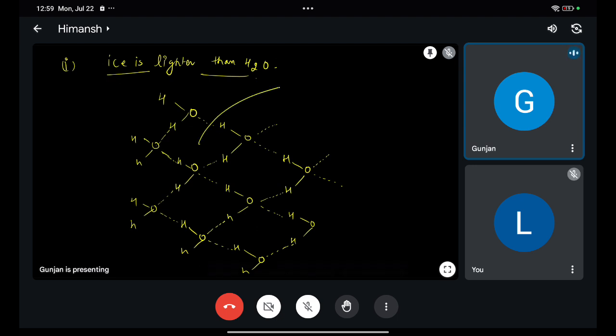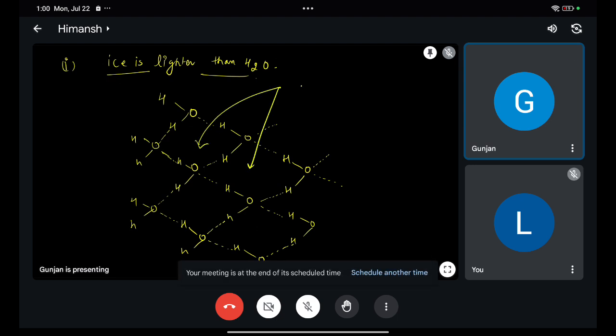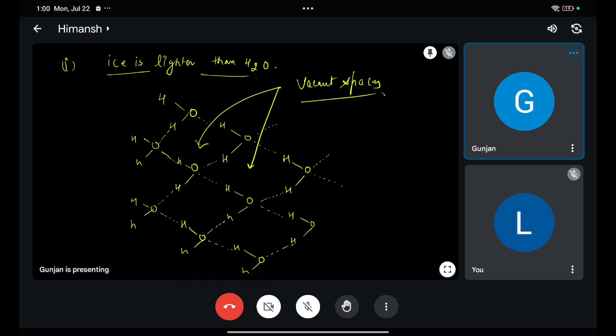So these are the vacant spaces. Okay, so open cage-like structure of ice exists.